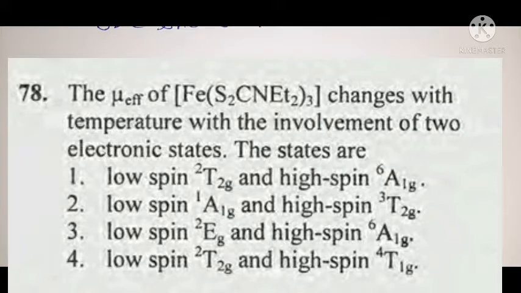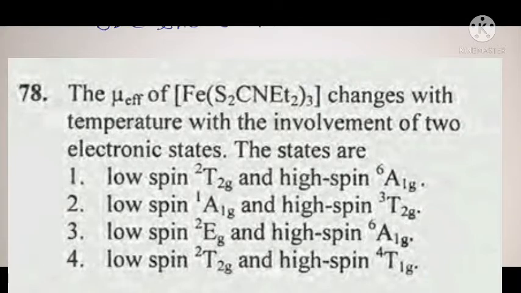Okay, so the spin only magnetic moment of this complex changes with temperature. Okay, and you must find the involvement of two electronic states. Which electronic states are involved in this behavior of that complex. Okay, and this question is coming for 4 marks.